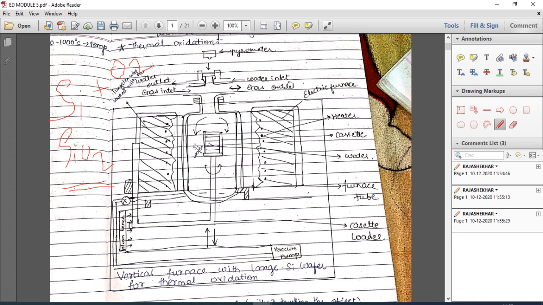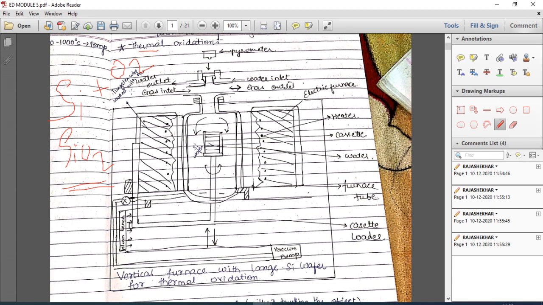So you can say that silica has been oxidized using oxygen or using air, and it forms a silicon dioxide layer. We call it oxidation. Here thermal means we are performing oxidation at a very high temperature, so we call it thermal oxidation.